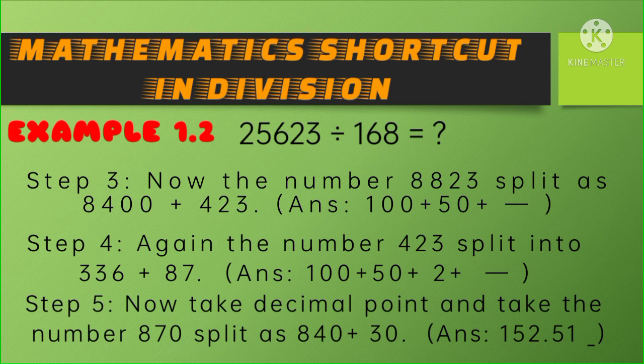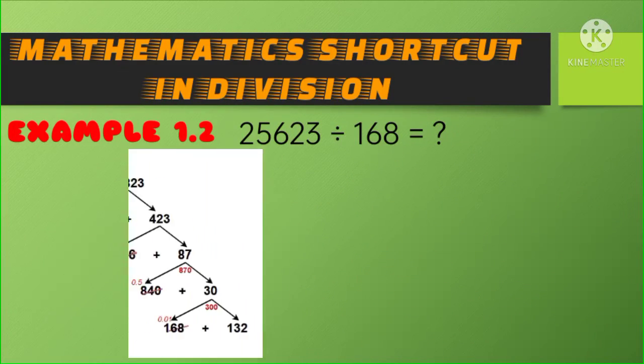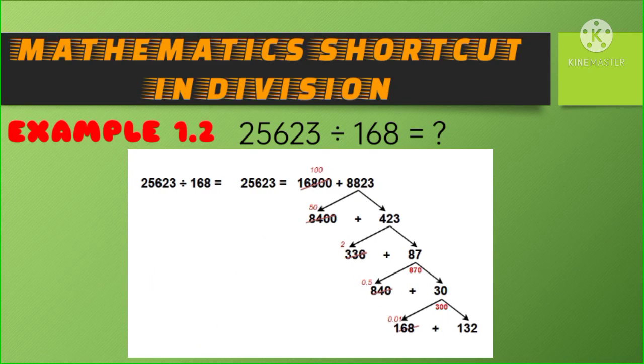Take the decimal point and take the number 870 split as 840 plus 30. So 840 divided by 168 is equal to 0.5. And so on. Then we're going to take only 2 decimal places. So our final answer will be 152.51. Please look at the picture to fully understand the whole process.